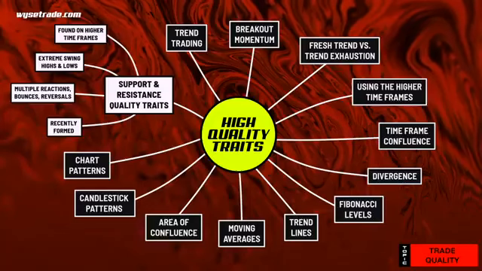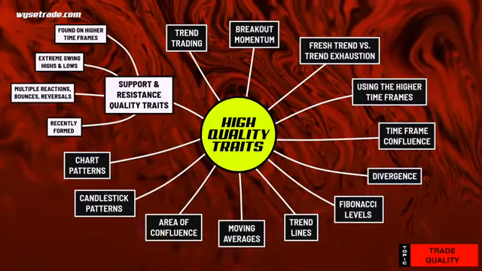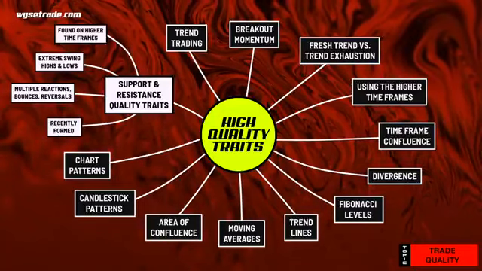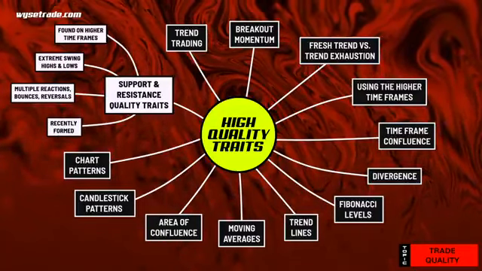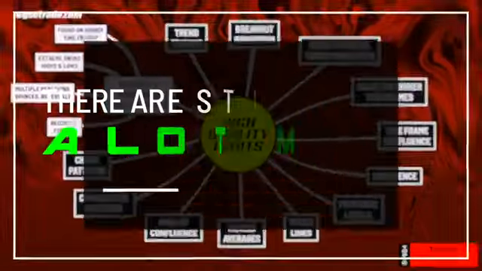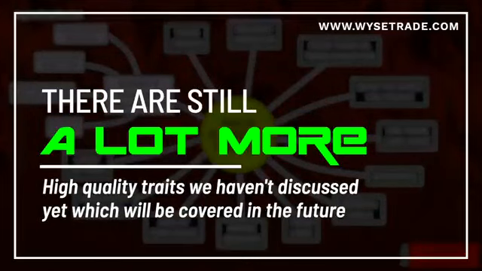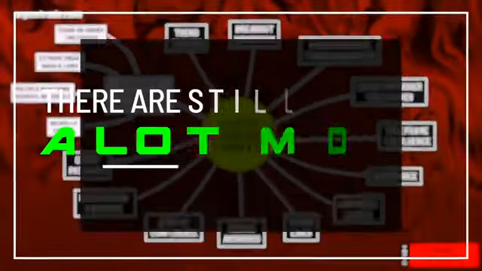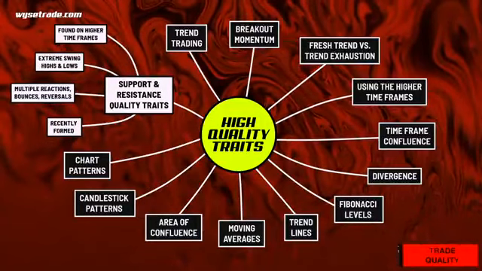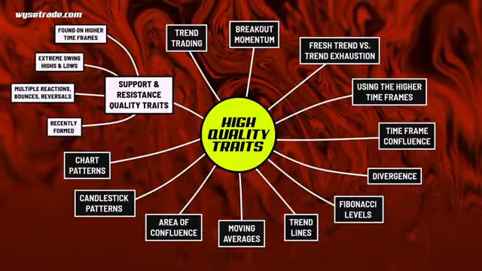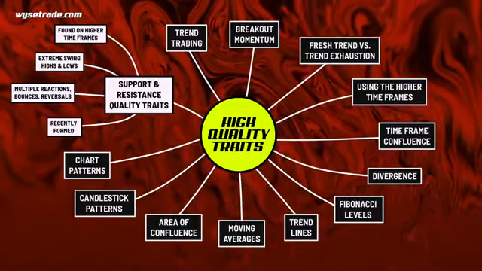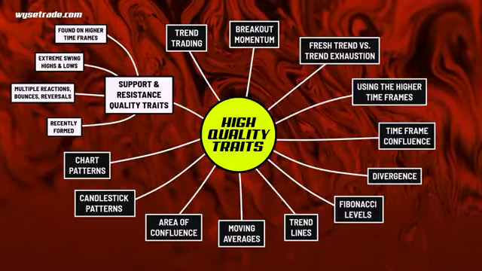So to recap, the more traits from this list stacked together on a trade opportunity you are looking at makes it a very high quality trade. There are still a lot of other trade quality traits and concepts we haven't discussed yet, which we will introduce in future videos. So now that you understand the premise of trade quality and Fibonacci, let's combine this all together and move into the strategies section.